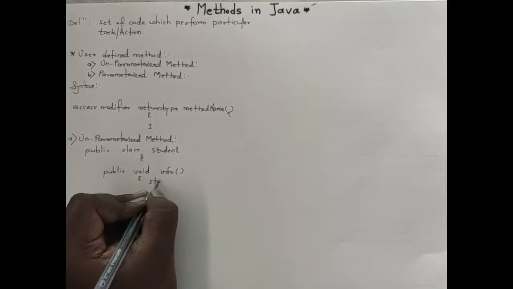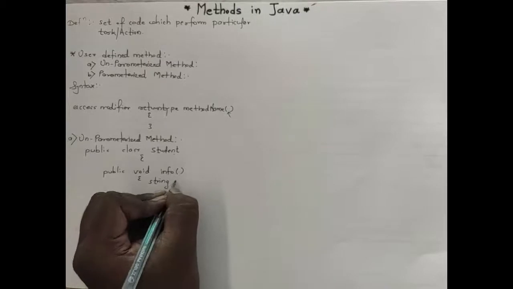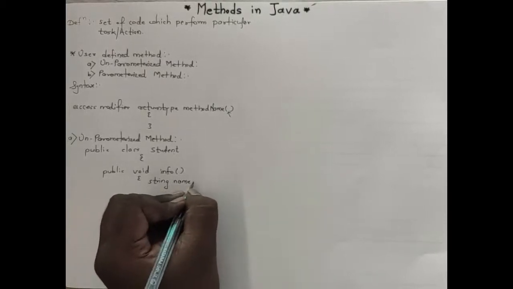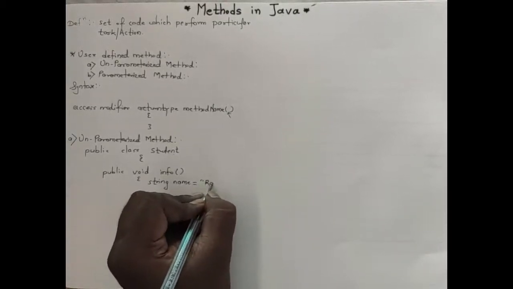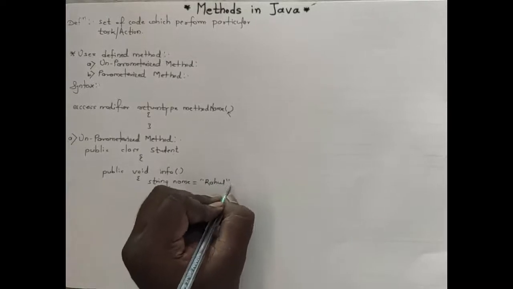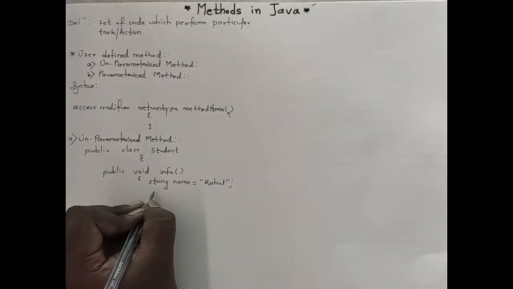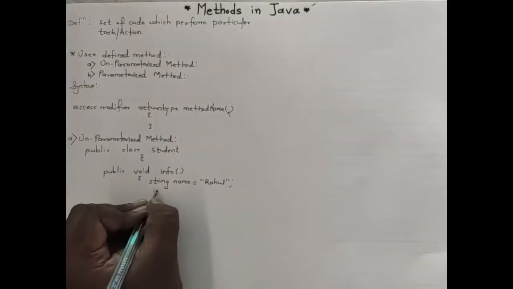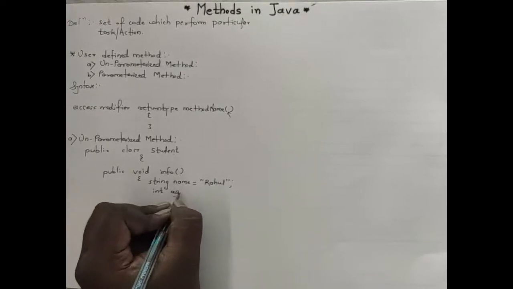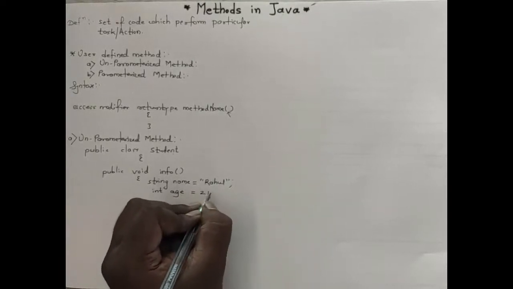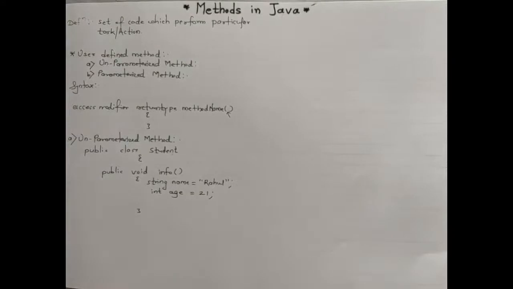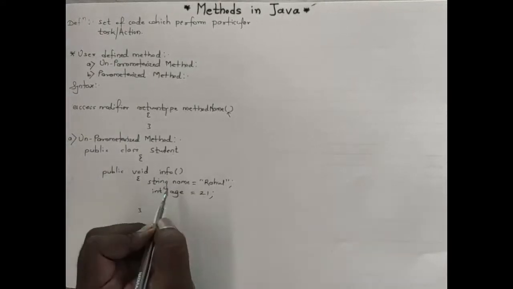First one is String name is equal to Rahul. Just I consider here one example. Then int age is equal to 21.